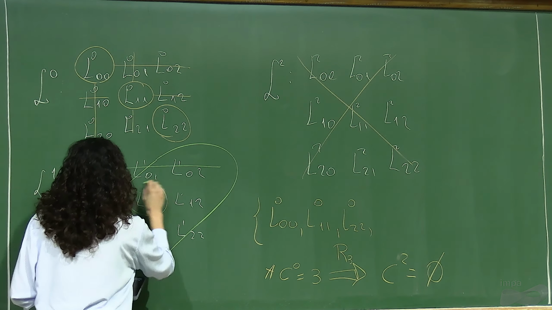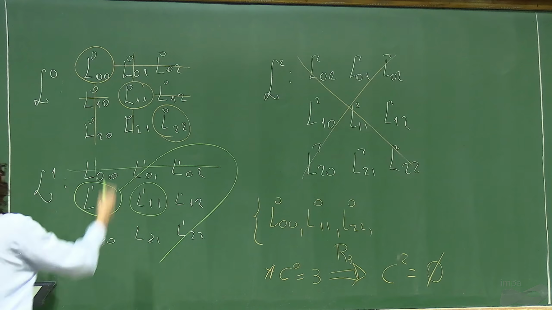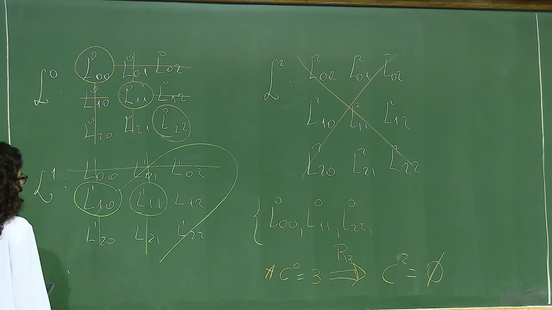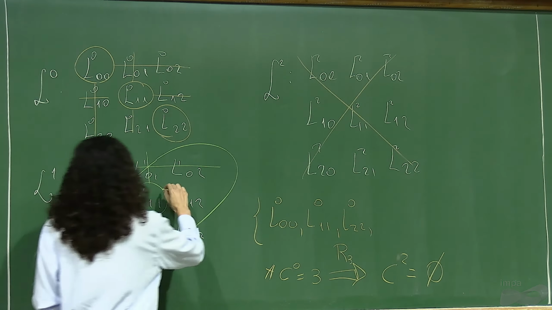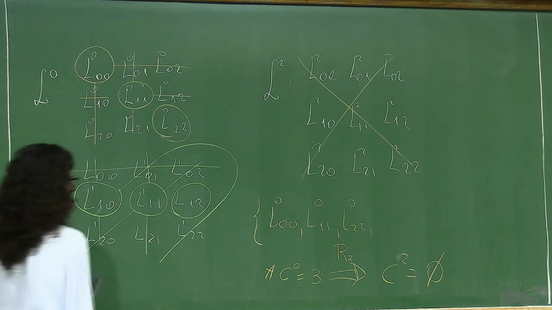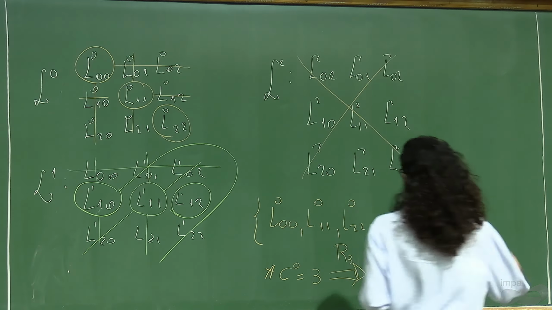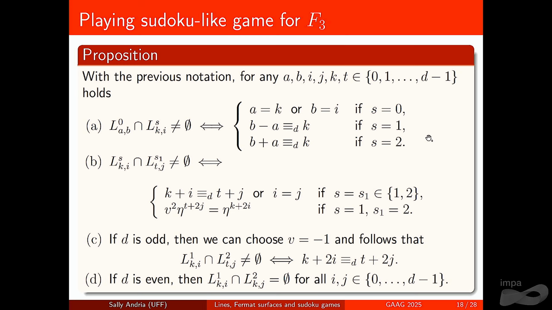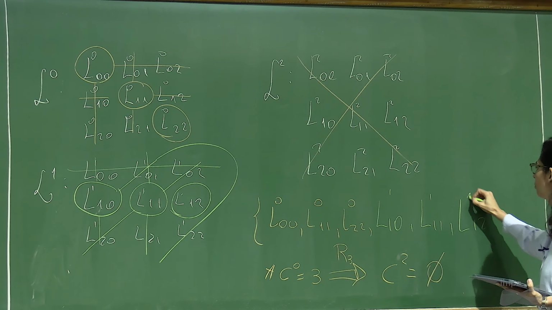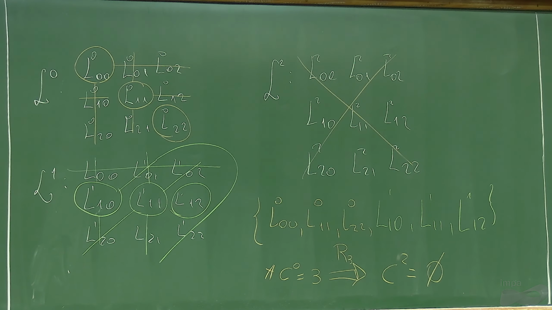So let's choose this one. By our rules of Sudoku, we have to block this column, and we eliminated this anti-diagonal and left this line. So we have L10, L11, L12 here. And look, we have 6 skew lines.